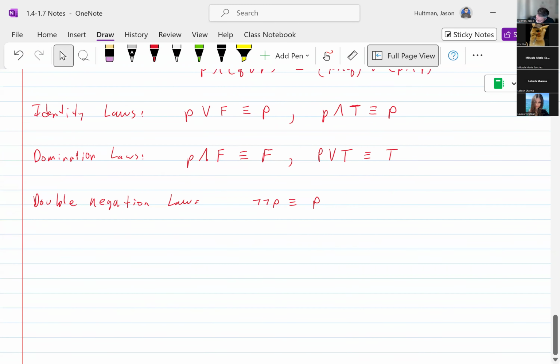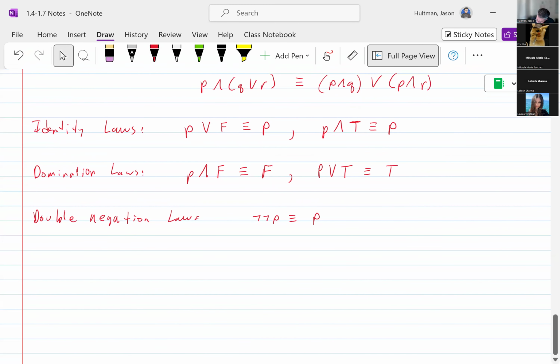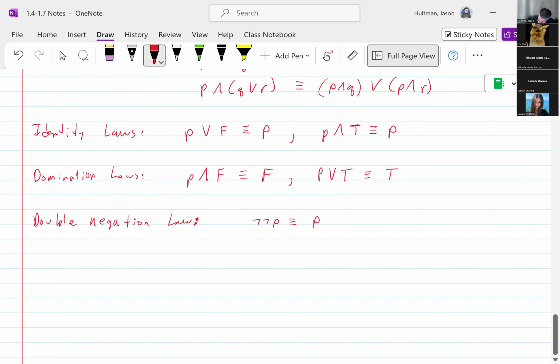Okay, the complement law. If I take P and not P, what will that always produce?